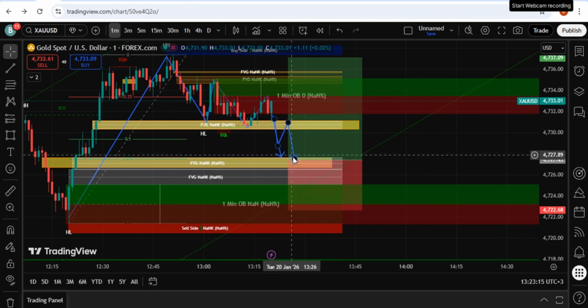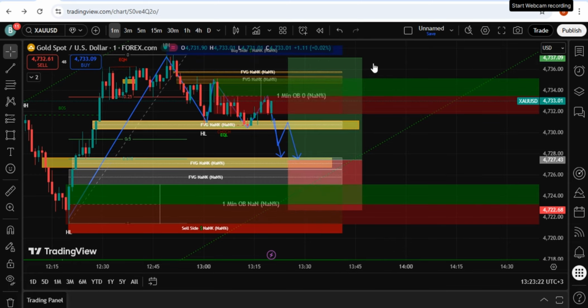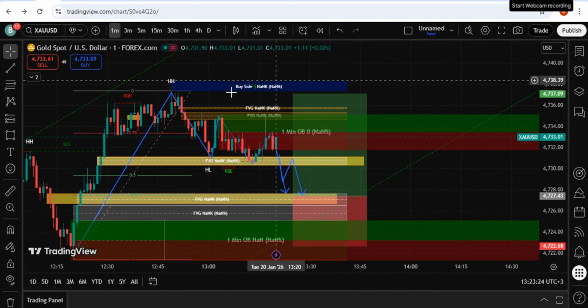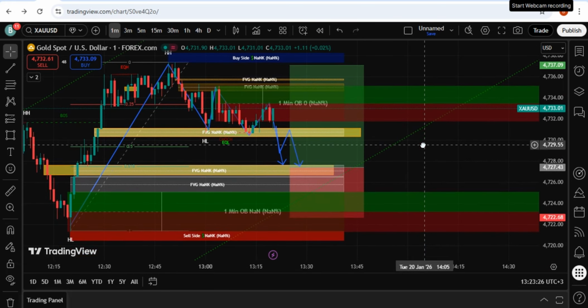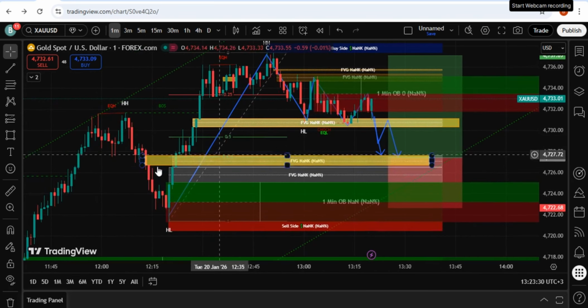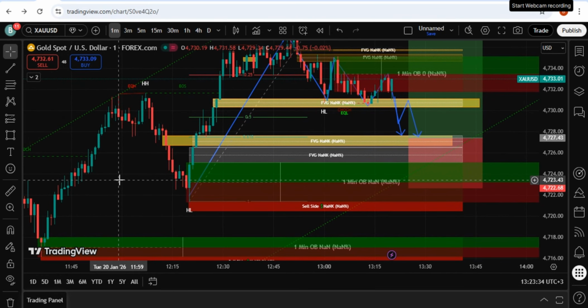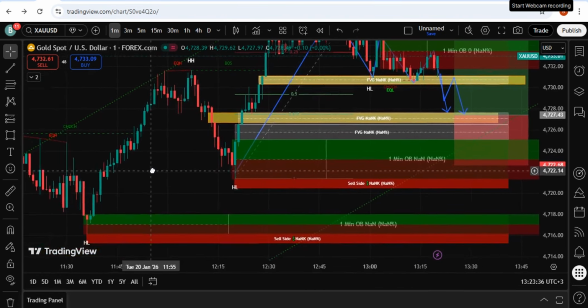It will most likely hit this point and then jump up to grab this liquidity here. That's what I hope will work out today. This is on M1, because the bias is on the bullish side, so that's what I have to consider for today.